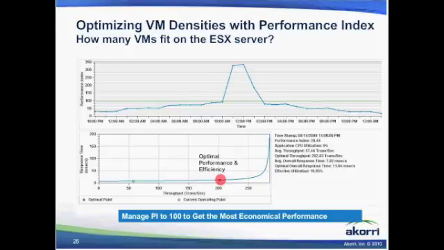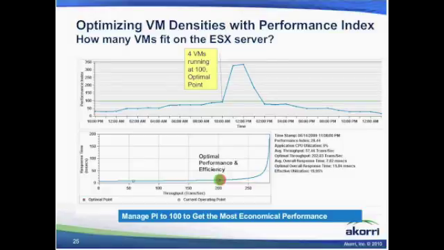So in this example, as we add VMs, and this is a basic example, so they're all the same size, you can see that the performance, or the optimal point, increases as the VMs are added and gets closer to the 100 mark.